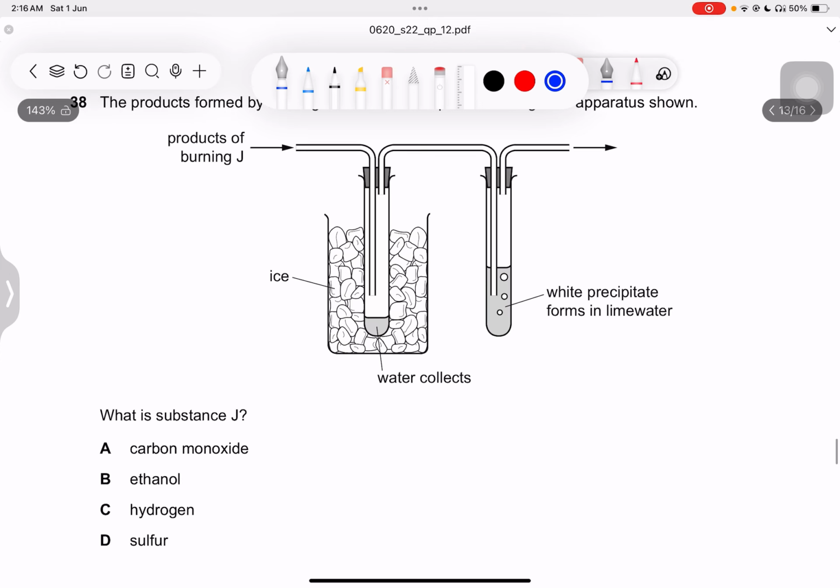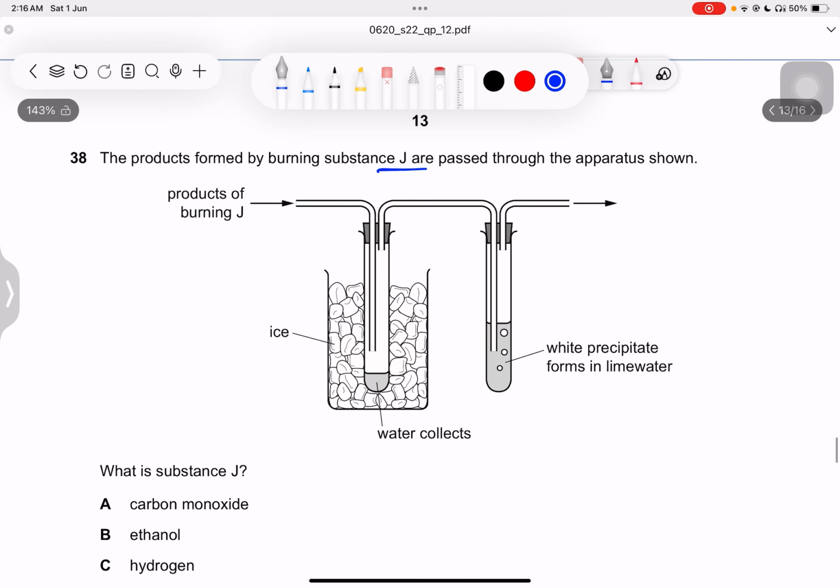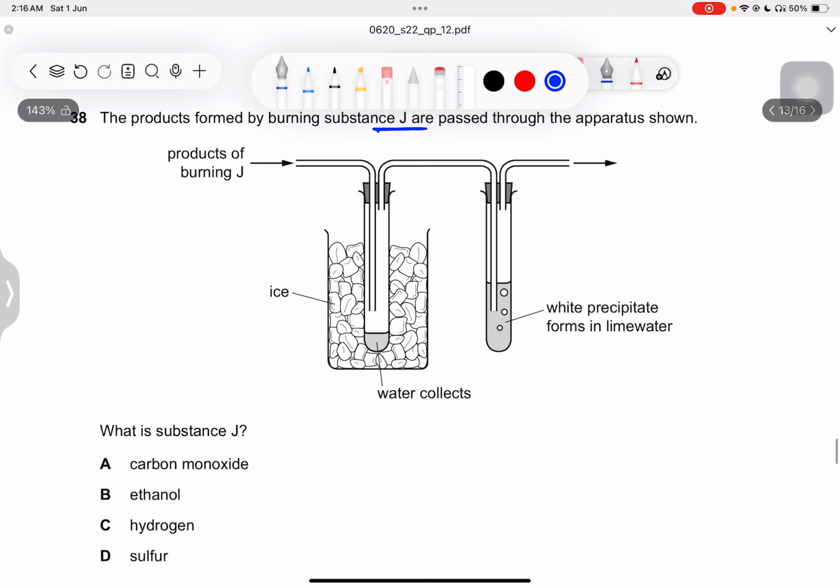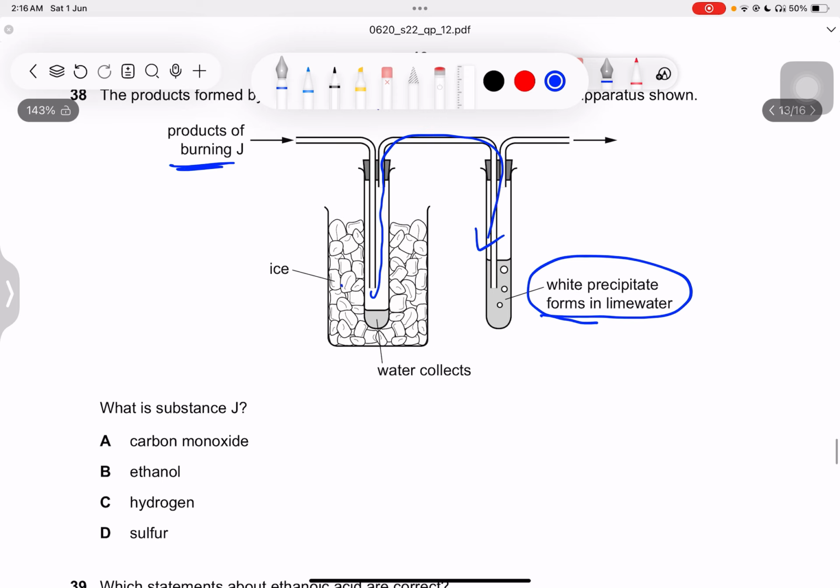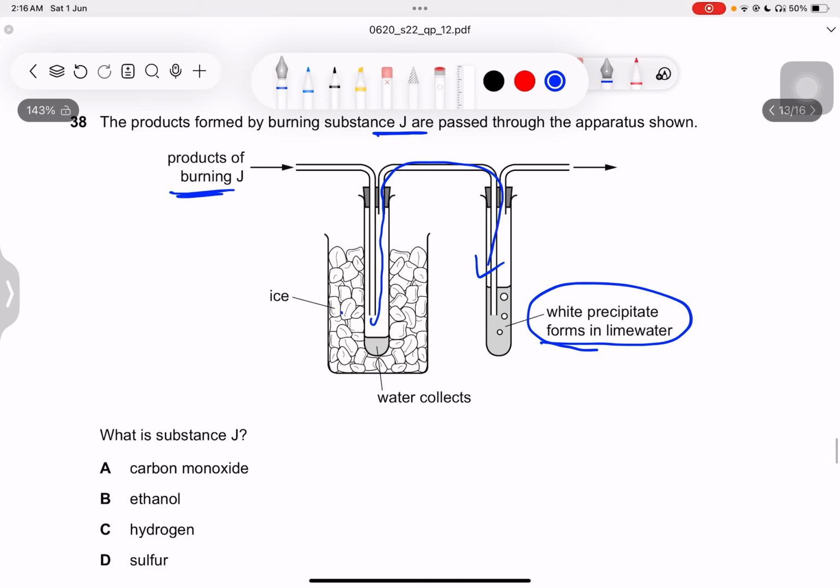As for 38, the products formed by burning substance J are passed through the apparatus shown. Products of burning J, and a white precipitate is forming in lime water. So when J is burned, the products go over here, and we have a white precipitate in lime water.